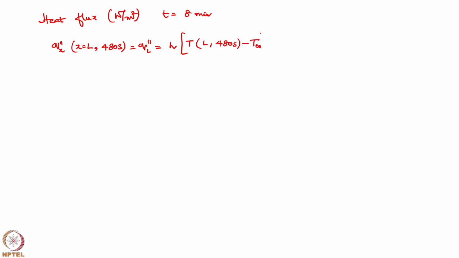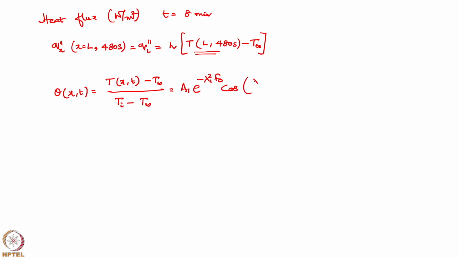minus T infinity. I do not know the temperature at x equal to L, so I need to find that. So theta at x comma t, equal to T of x comma t minus T infinity divided by Ti minus T infinity, is equal to A1 e to the power of minus lambda 1 squared Fourier number cos of lambda 1 x by L. For the same Biot number and Fourier number we have already gotten the lambdas, so I can just substitute that and get it.